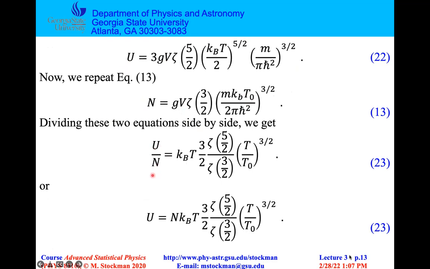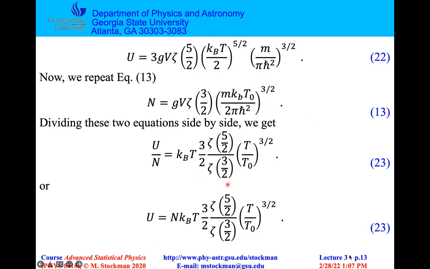We'll get U divided by N. I'll take 3/2 of this, and 3/2 of this will give me T over T naught to the power of 3/2. All these coefficients will cancel, they're the same coefficient. So 2 to the power 5/2 and 2 to the power of 3/2 is the same coefficient as here, will cancel. I will be left with the coefficient 3/2 here, and the ratio of zeta functions.